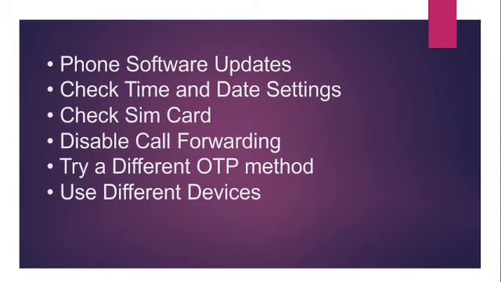Sometimes your factory settings might have been altered in the phone you are using, and that might be the reason why it is not allowing you to receive an OTP. So if you use another phone, possibly one where the factory setting is intact, then you may have success with receiving an OTP message. So you may also want to try this, and it will actually fix the problem that you're having.